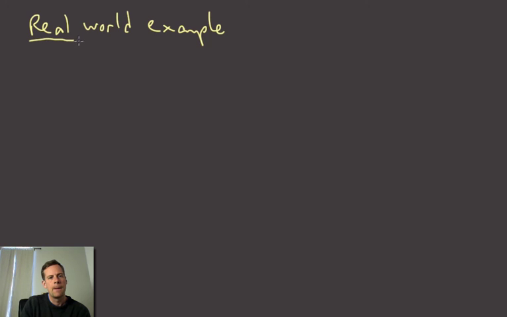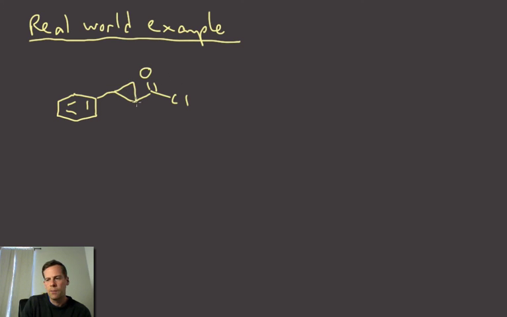Okay. And so this is actually used to synthesize an important molecule. And so our acid chloride that we use here is this cyclopropane. And so we treat this with, first off, sodium azide. Okay, that forms the acyl azide.